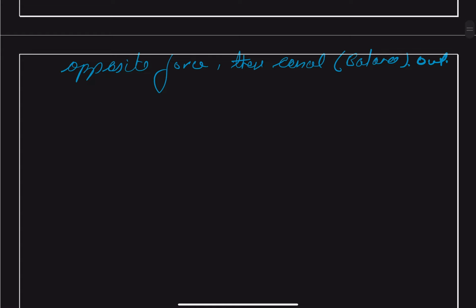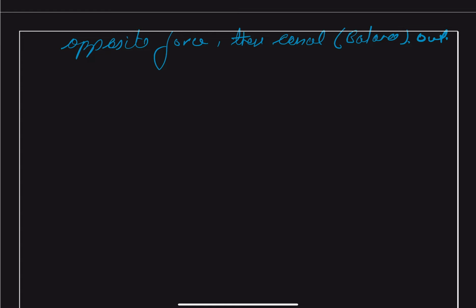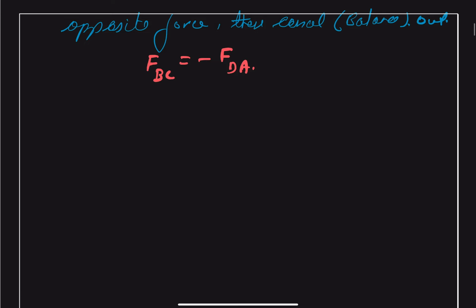And we can write that force on BC will be opposite to force on DA. So because of this, the net force due to BC and DA is 0.